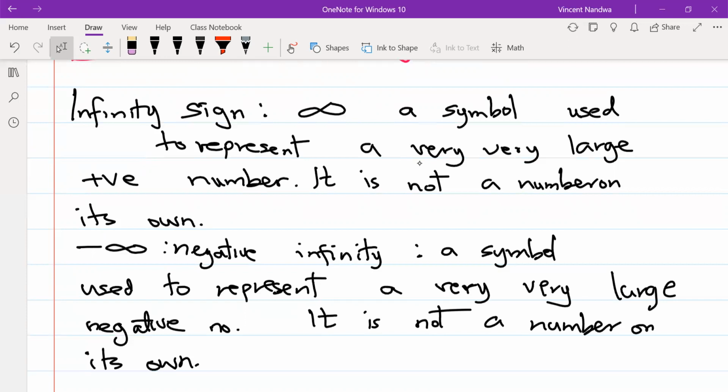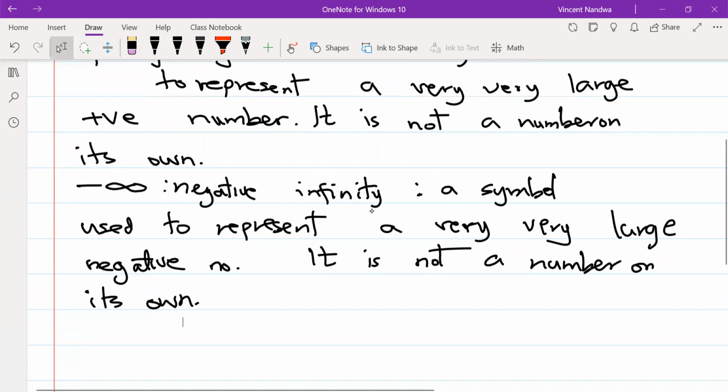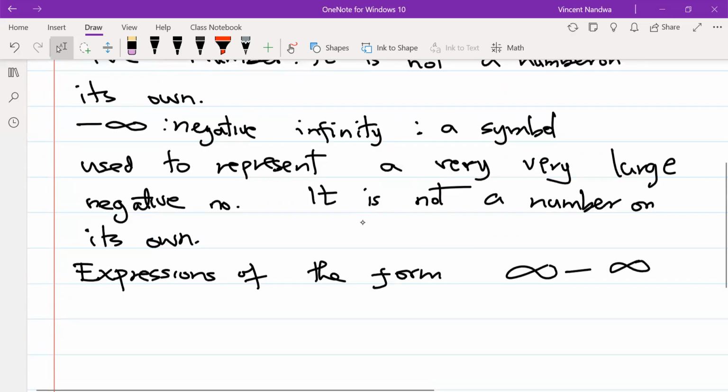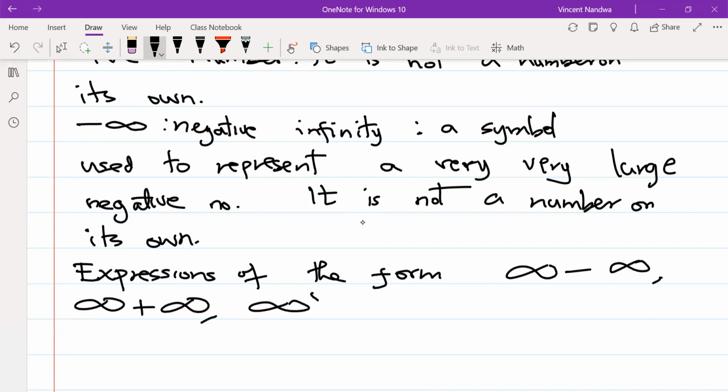So that means that expressions of the form infinity minus infinity, or infinity minus infinity plus infinity, or saying infinity power 0, 0 power 0, 0 over 0, are called intermediate forms.